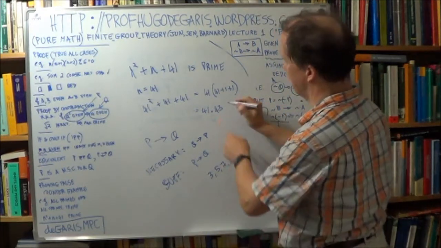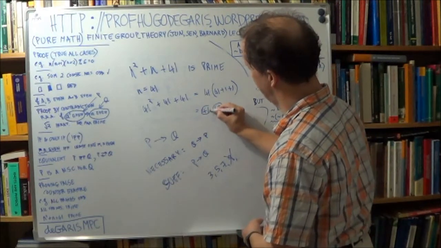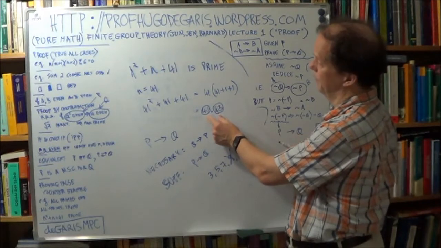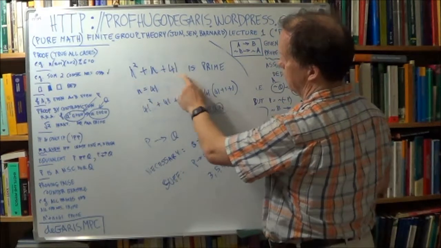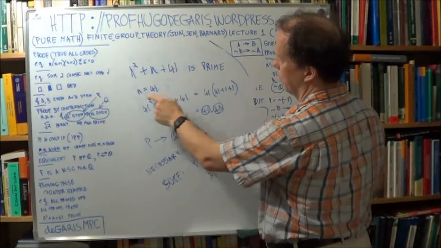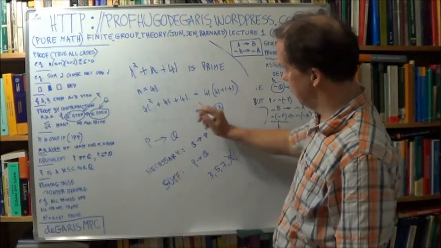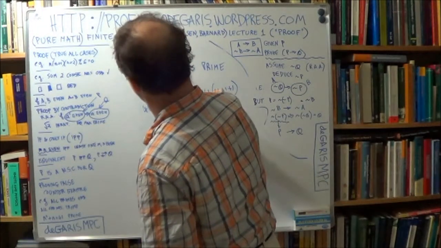Now 43 is a prime number, and so is 41. But look, you have two factors. Therefore, this is not a prime when n is 41. Because when n is 41, well, let's call this, what do we call it? G. Right?